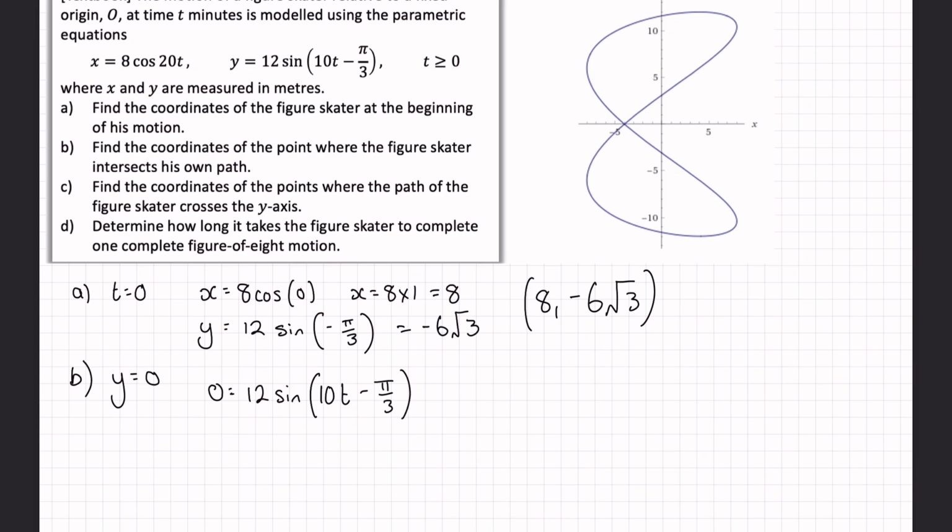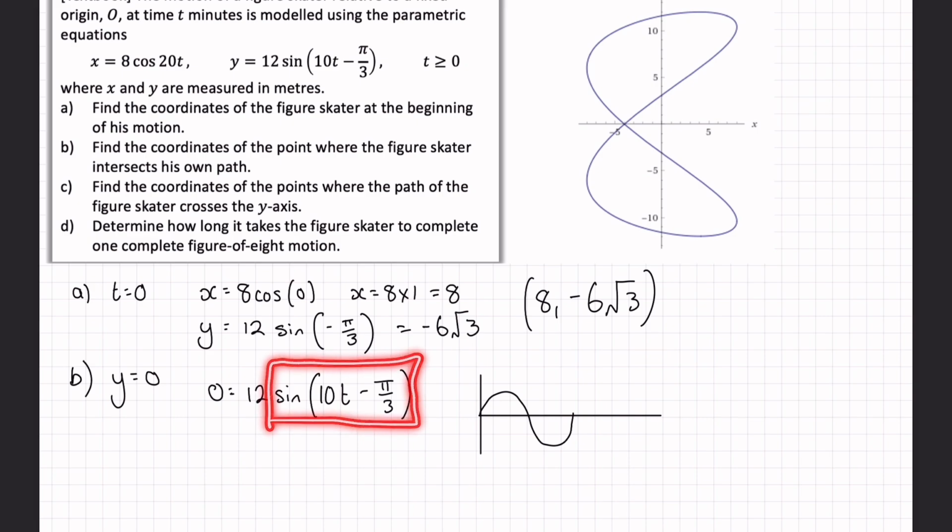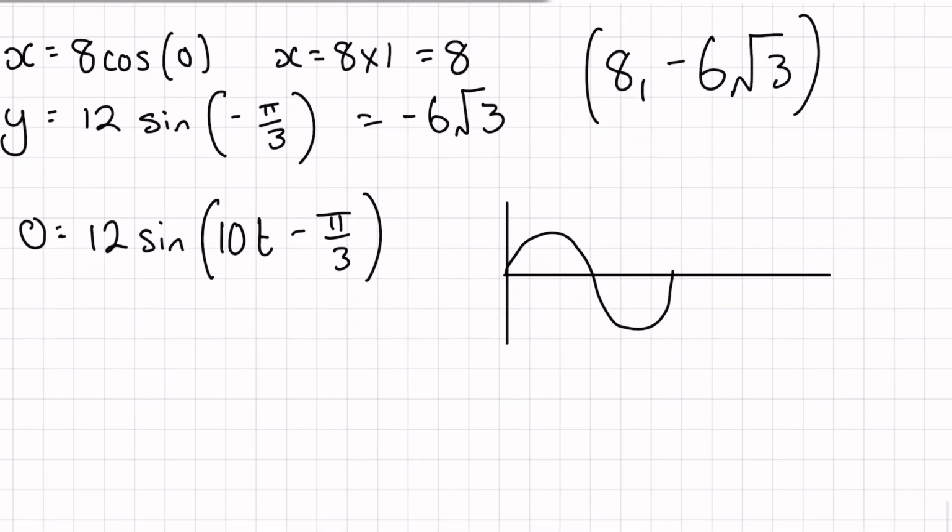So what we can say here is, if I was to get my sine graph, we have the following. So we want sine to represent 0.